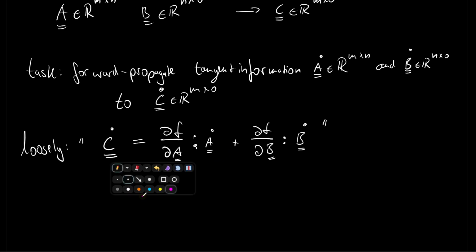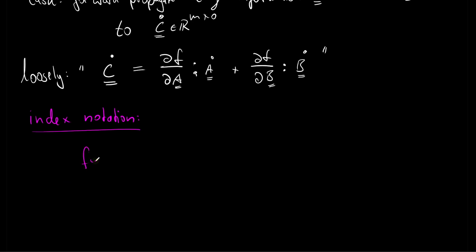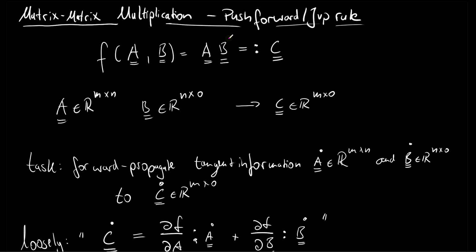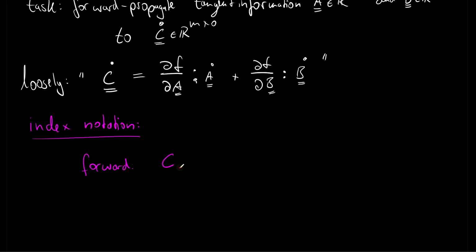Therefore, let's change to index notation. And before we write down the push forward rule in index notation, let's again note down the forward rule, which is just the primal computation. So this one here. And we know that we get C, and let's introduce some indices. Let's say i, k. So we get the ith row kth column of C as the product of A_ij with B_jk.